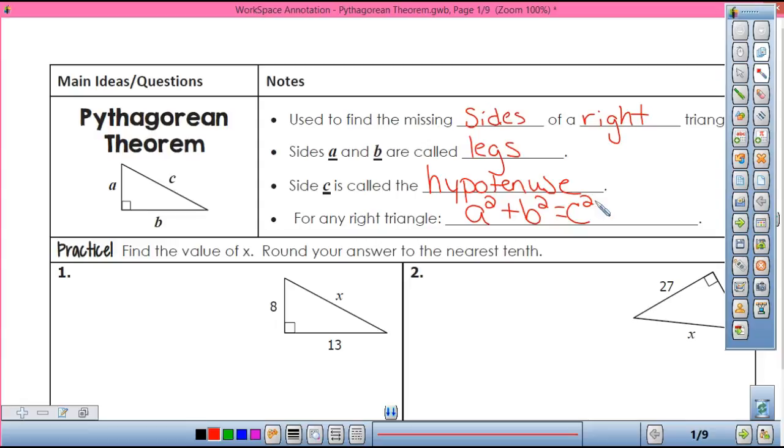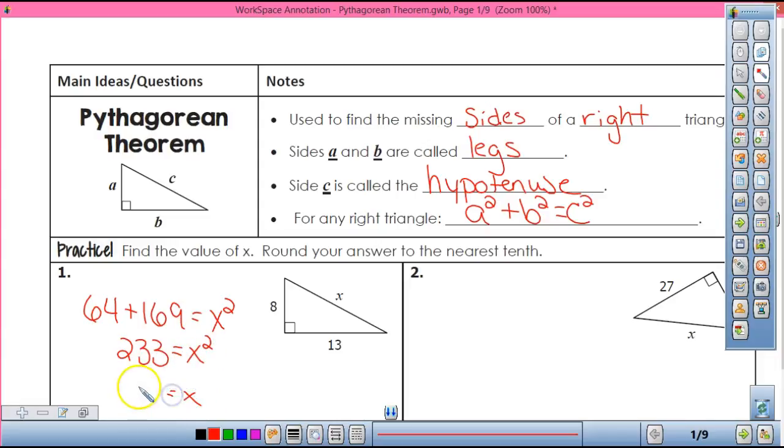Alright, so how am I going to set up number one? A squared, which is 64, plus B squared, 169, equals x squared. So 64 plus 169. 233 equals x squared.